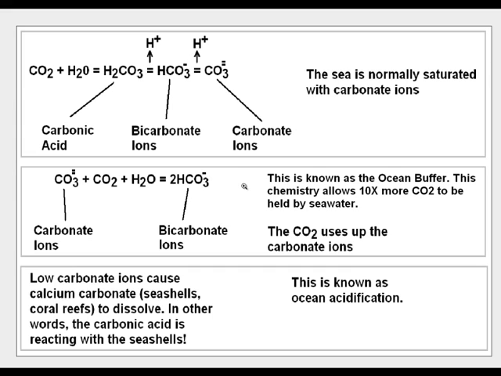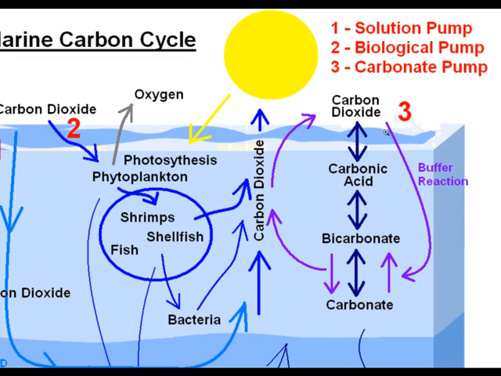This process is known as the ocean buffer. This chemistry allows 10 times more carbon dioxide to be held by the seawater. Let's see what this means when we go back and look at the original diagram. So here's the carbon dioxide, which dissolves in the water, which reacts with the carbonate ions, which produce bicarbonate ions.